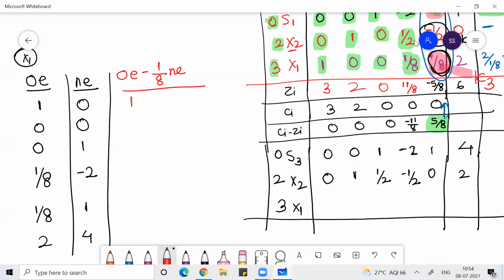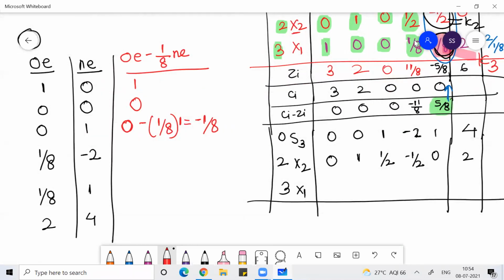So this is 0, so that will remain 0. This will be 0 minus 1/8 into 1, which would be minus 1/8. Then 1/8 minus 1/8 into minus 1 minus 2, so we'll get 1 by 8 plus 2 by 8, which is 3 by 8.